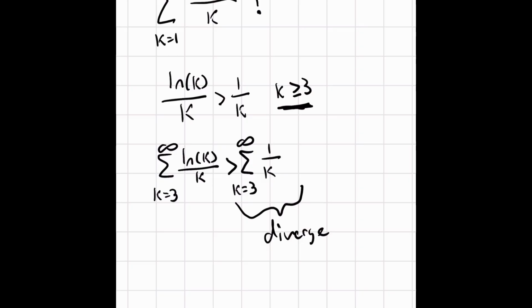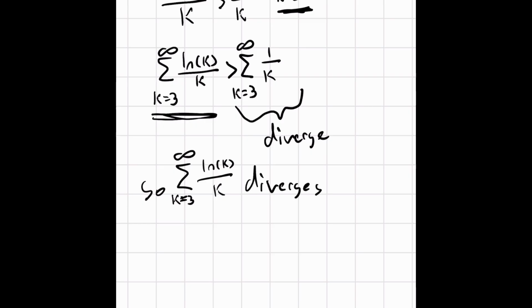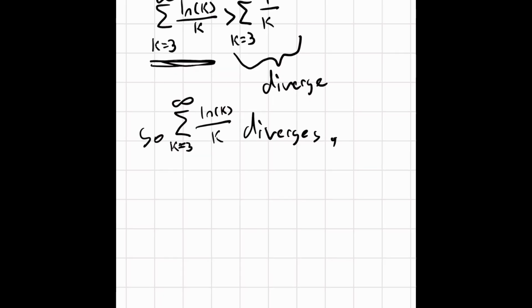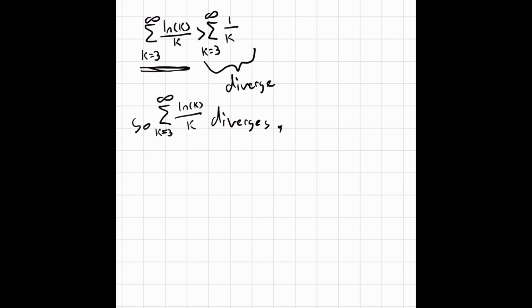So because we're greater than something that already diverges, the comparison test tells us that this going from 3 to infinity diverges as well. And sure, add a couple of finite terms back into there. Infinity plus a finite number is still going to be infinity. So going from 1 to infinity, we are still going to diverge.